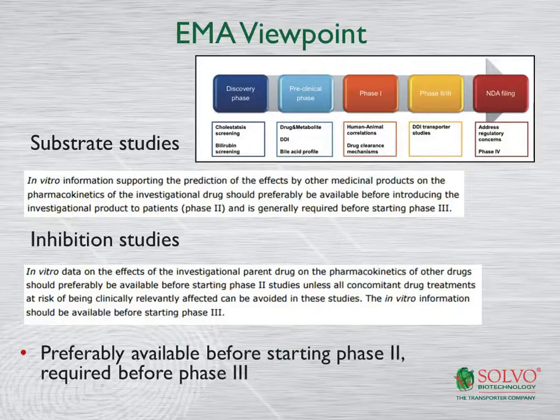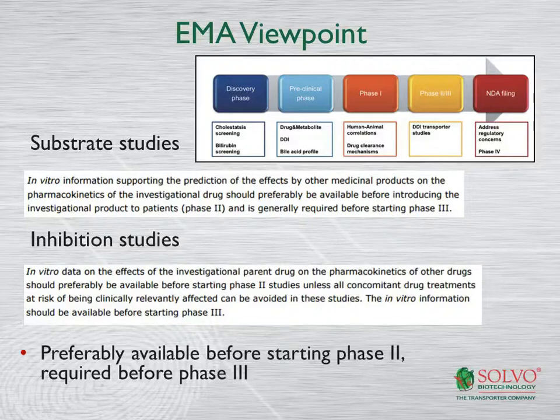The inhibition studies will be performed in the very early stages, most of the time almost in the discovery stage of most drugs. And the inhibitory capacity needs to be really known before clinical phase 3, because it's the biggest phase with a lot of patients.